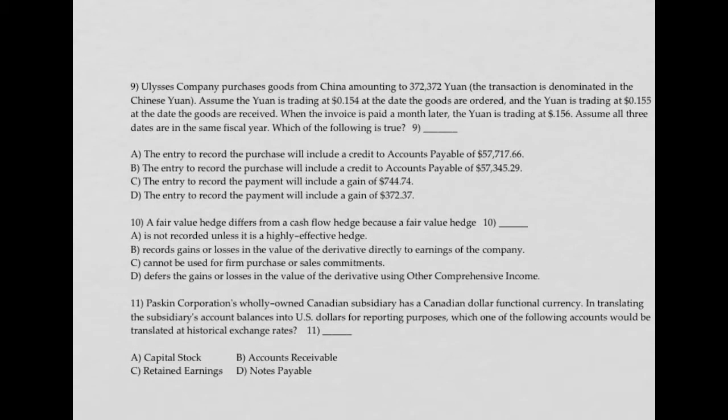And this question was, based on that, what entry is going to be made? Well, if you go through, you would say the date the goods are ordered is not a date that we make any accounting entry. It's just an order date. Remember, this is looking at it from the purchaser, the U.S. company.